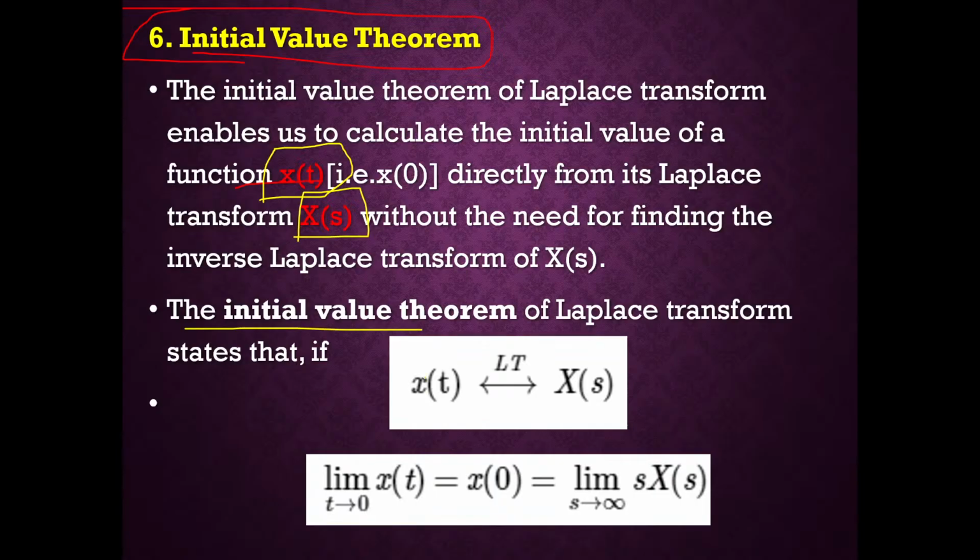According to the initial value theorem, if you have x of t, and if you take the Laplace of x of t, you will get x of s. Here LT means Laplace transformation.